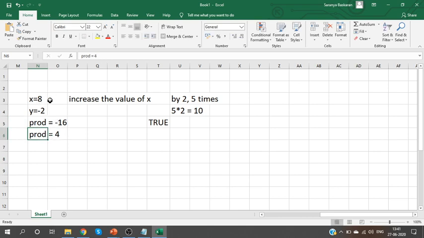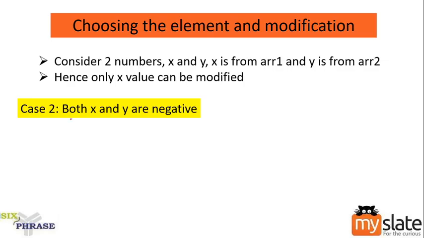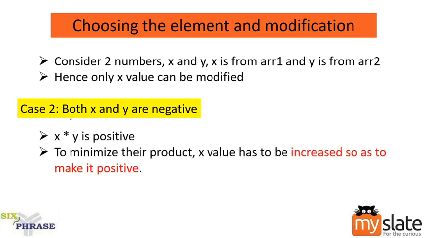Since I made one of them a positive value, the product becomes minus 16. So when both are negative, the product is positive. To minimize their product, x value has to be increased so that either it becomes a positive value or the product is minimized. I think you get the flow of it now.